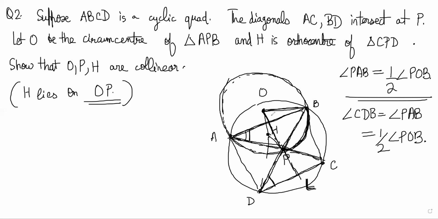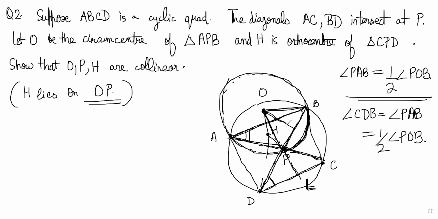So we can drop a perpendicular from here also, because O is the circumcenter of triangle PAB, right? By definition, O was circumcenter of PAB, right?